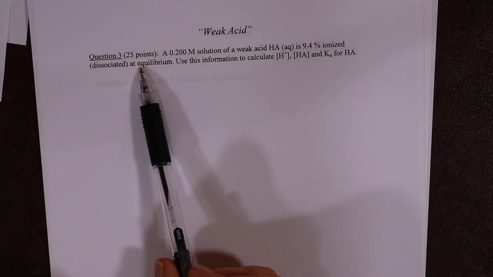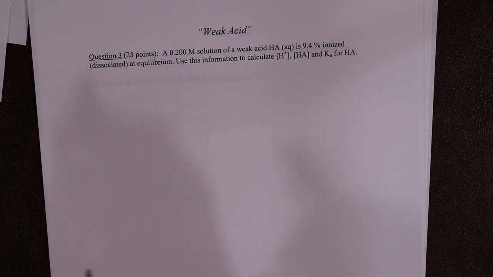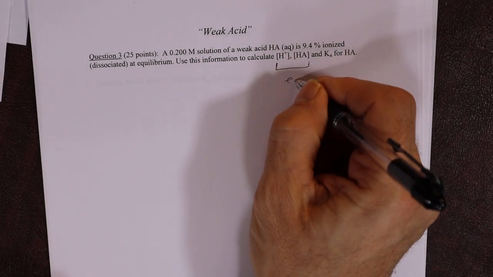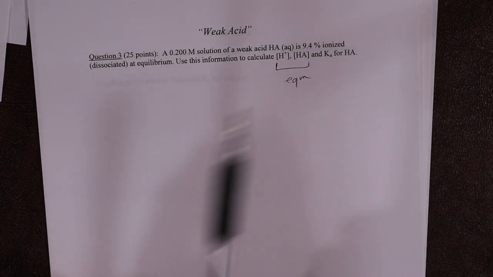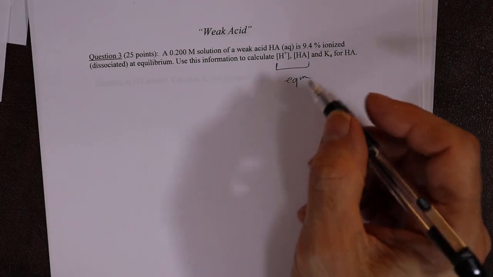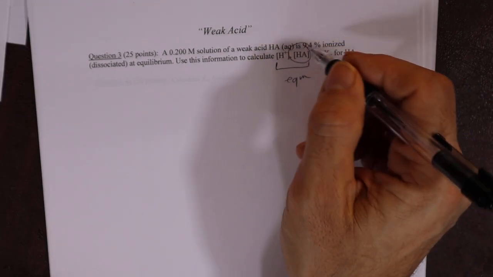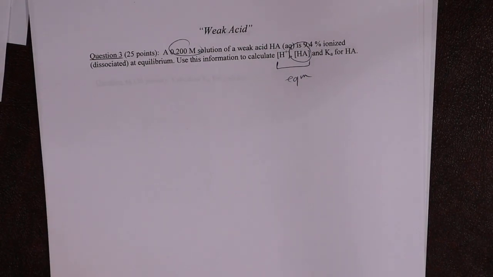Work backwards to find H plus, HA, and Ka for this. That's at equilibrium. Okay, the equilibrium concentrations of H plus and HA and Ka for that solution. All right. Of course, you can use the weak acid approximation. So big hint. Yeah, it's the same number, isn't it? Okay.